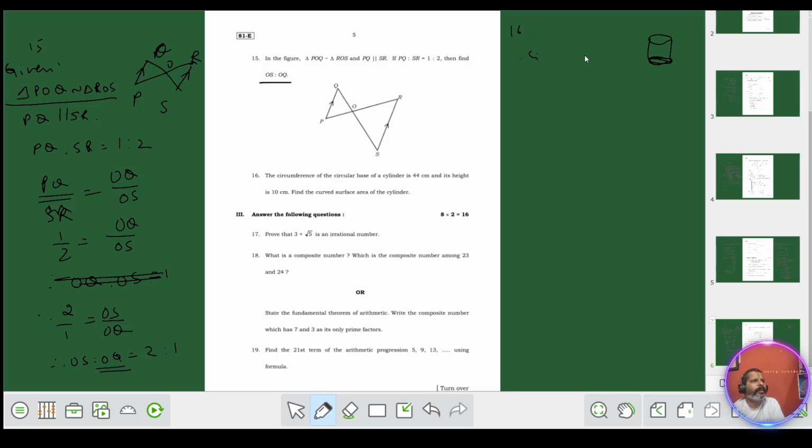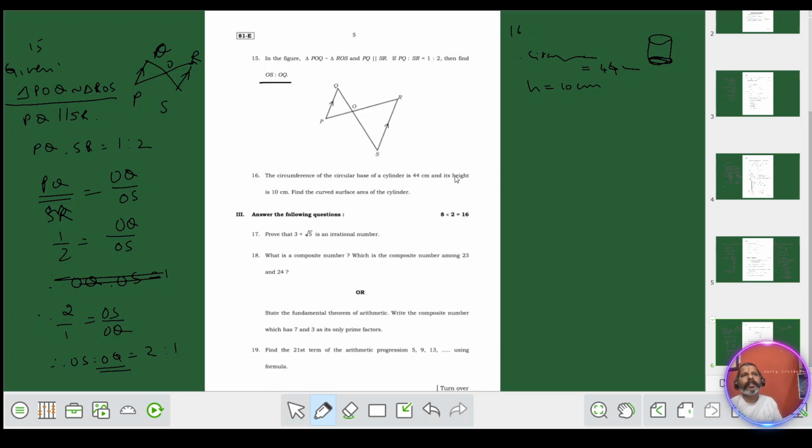So you can write circumference is equal to 44 centimeter. Clear? Then height is equal to 10 centimeter. What is being asked? Find the CSA of the cylinder.